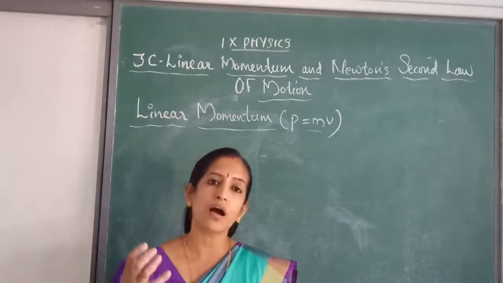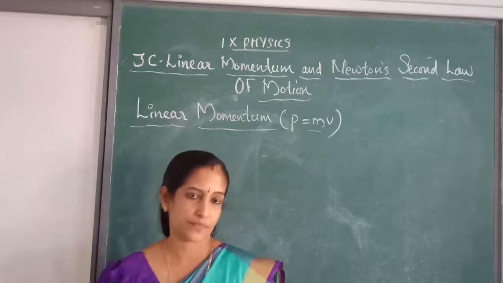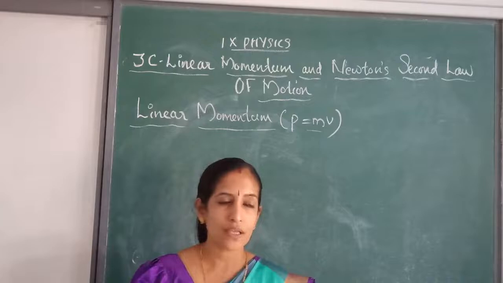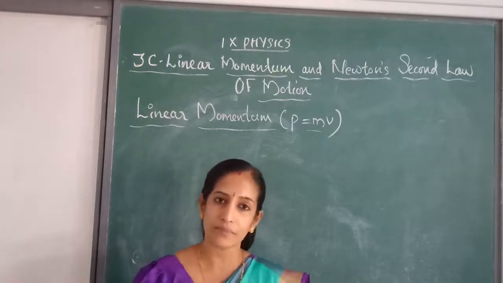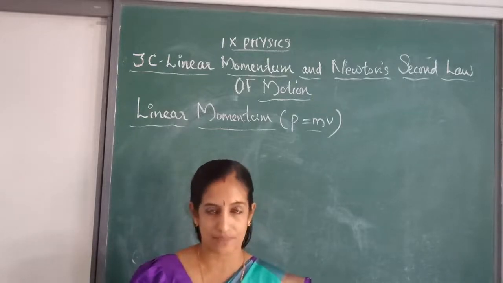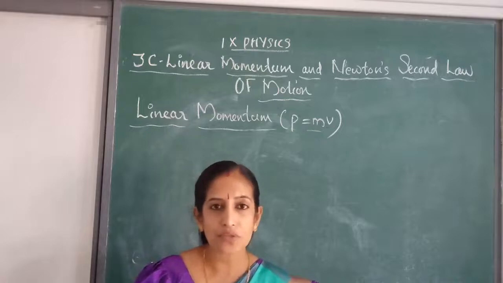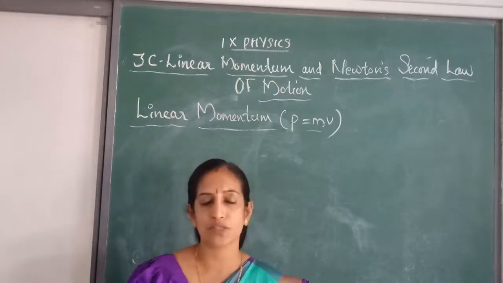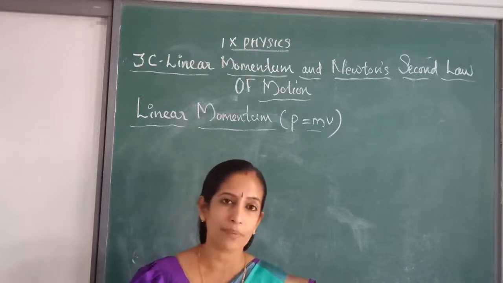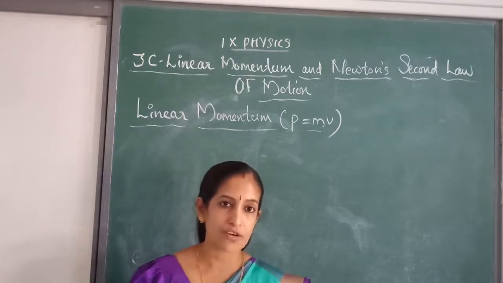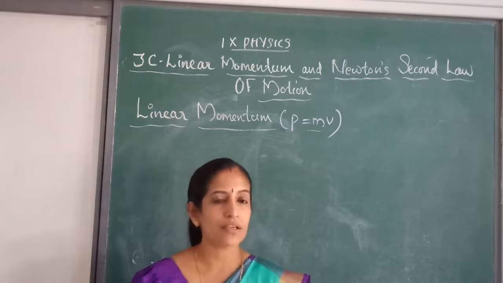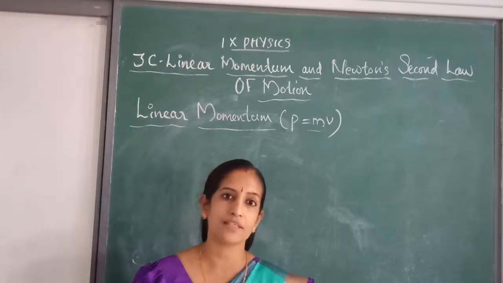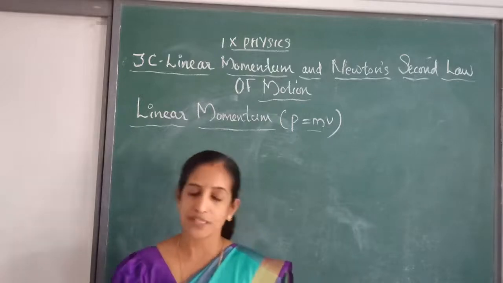One metal ball of big size, more massive, and a small ball are both moving with the same velocity, and you have to stop them by applying force. Where do you have to apply more force? Of course, for the heavy ball. You can imagine or experience it yourself.